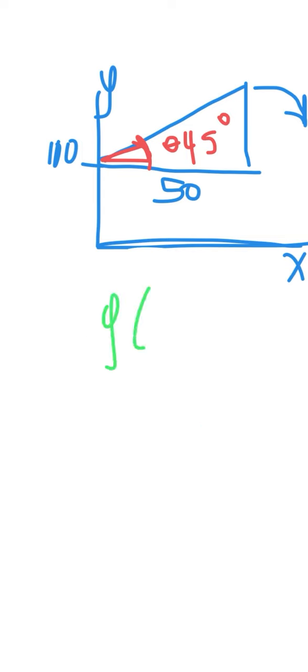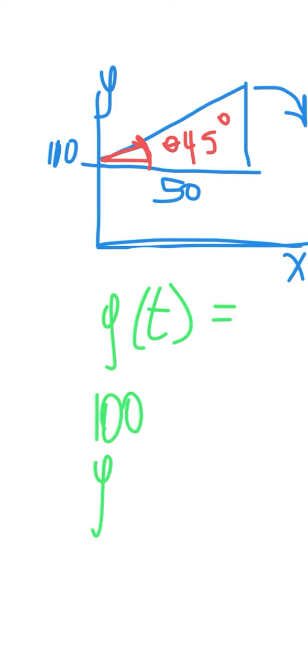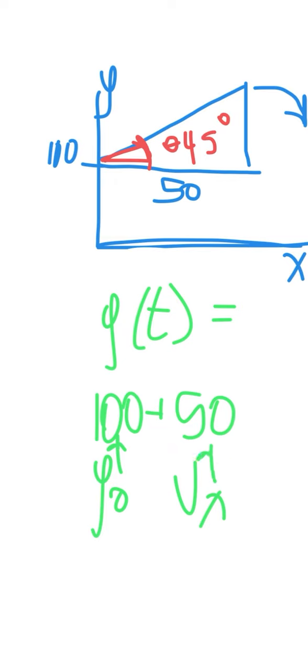Now we need to find y of t. Y of t is a little bit more complex, but it's not that complicated. Y of t is basically 100, which is the y0, plus 50, which is vx, times t, minus 5t squared.